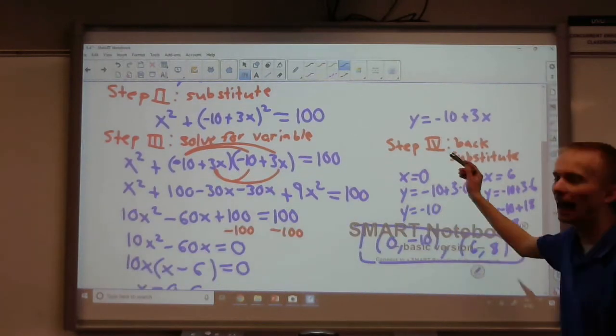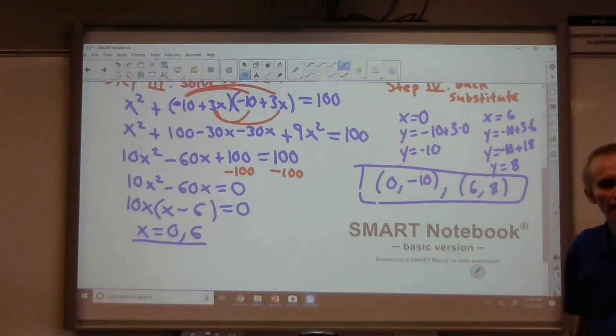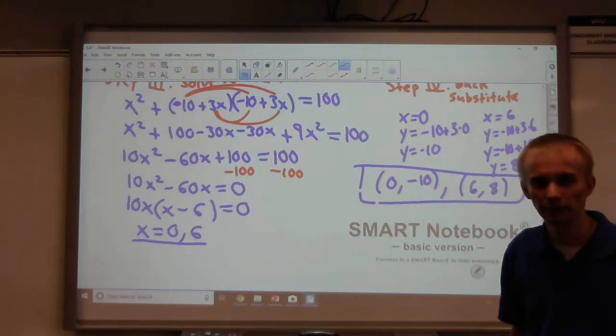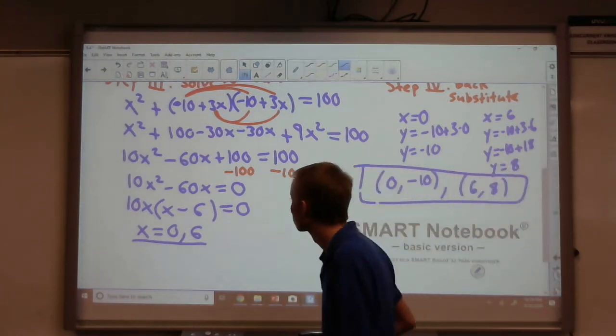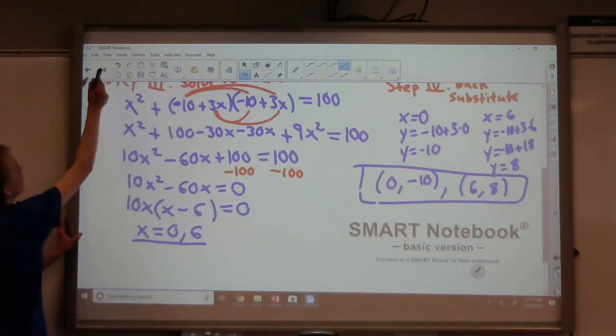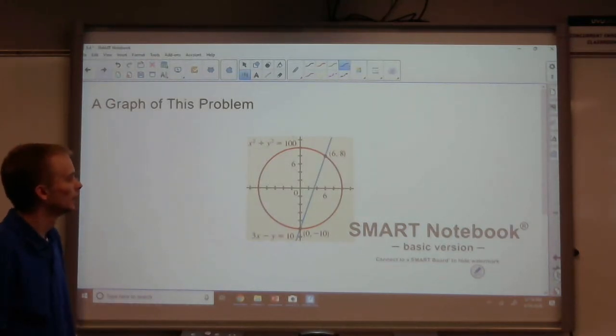Then we back substitute in to get our final answer, what the other variable should be. Okay? So, hopefully that's helpful.